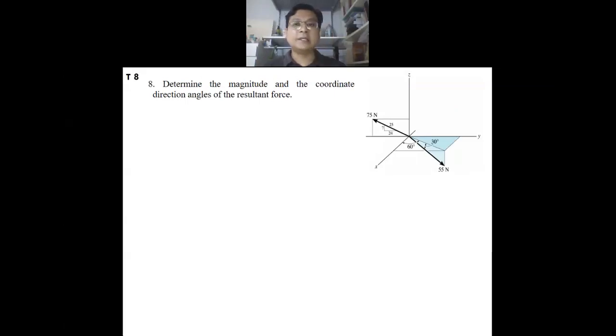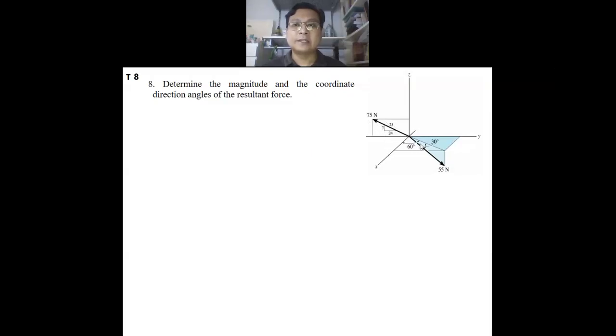Number 8, actually, every single force has 3 axis directions to analyze. Okay, back to our question. Determine the magnitude and the coordinate direction angles of the resultant force. Every single axis, x, y, and z. So one force reflects to 3 axes.